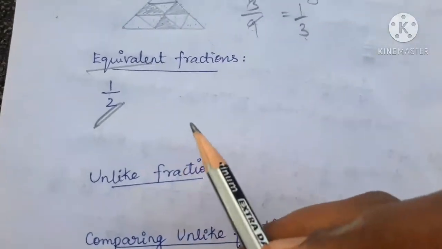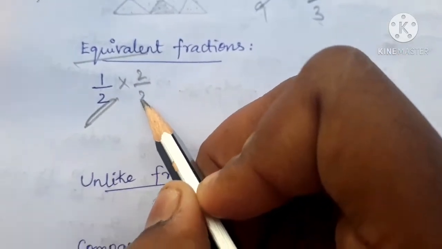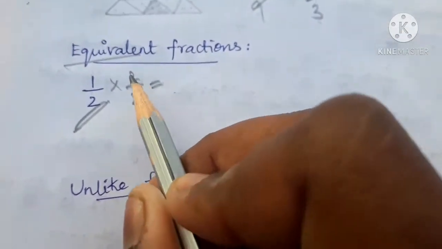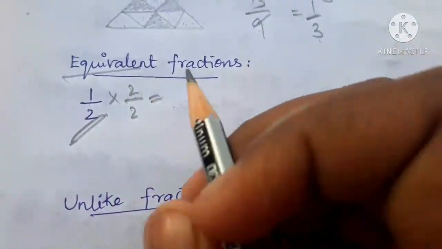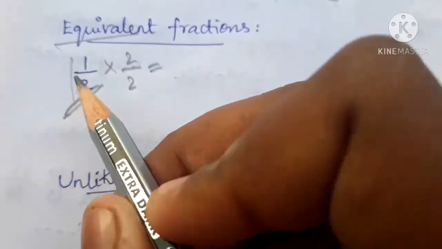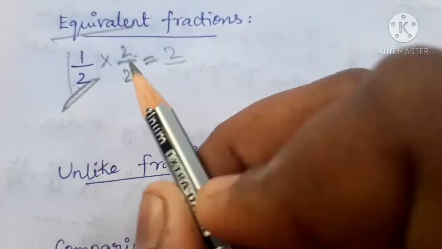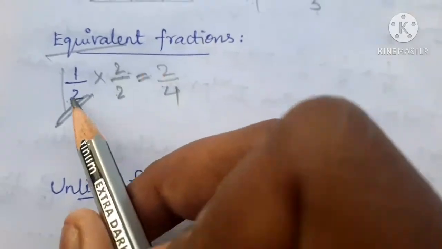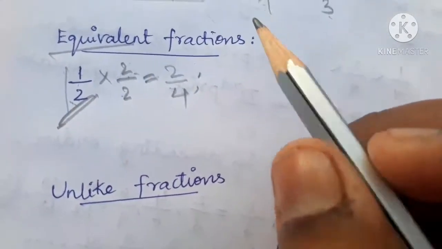To find the equivalent fraction, we should just multiply the numerator and denominator by the same number. If you take the first number as 2, you should multiply by 2 by 2 to the fraction given. So it is 1 into 2, 2. 2 into 2, 4. So one equivalent fraction we have got, which is 2 by 4 for 1 by 2.